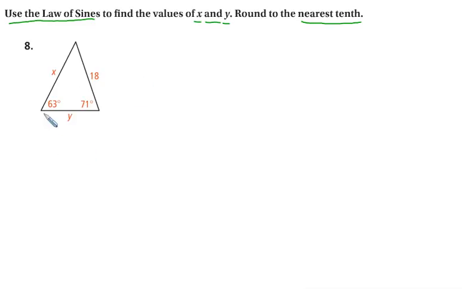When we take sine of 63, that goes with, what's the side length opposite from angle 63? That's 18. And that's why I chose those, because I know an angle measure and I know the side length that's opposite from it. So if I want to solve for x, I'm going to have to use the angle that's opposite from x.